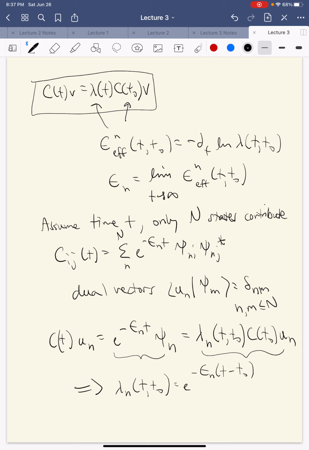So this is kind of like the recursion relation that we saw when we talked about matrix pruning.